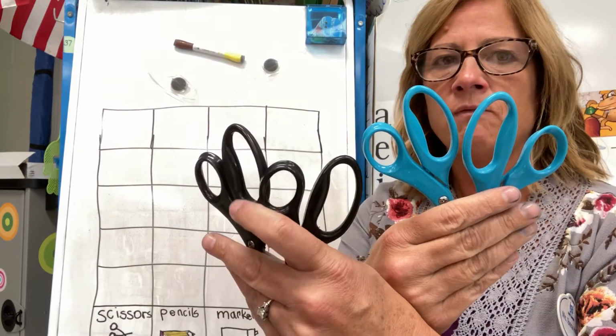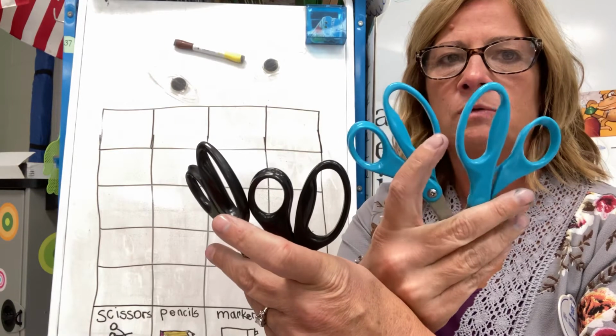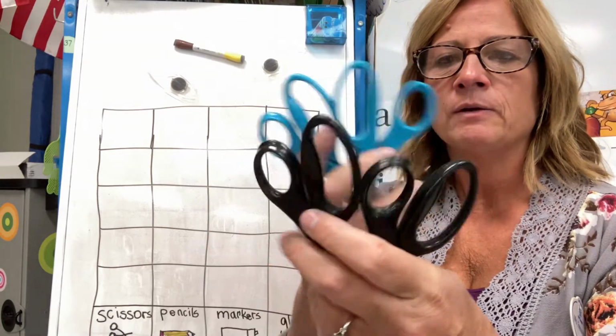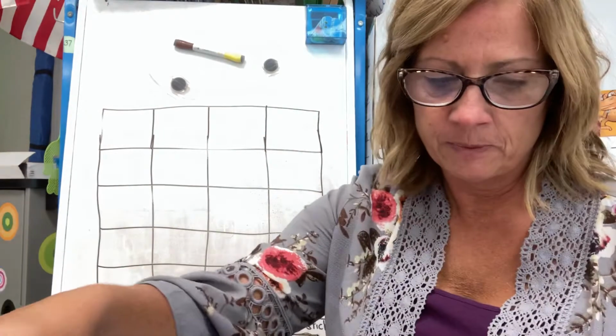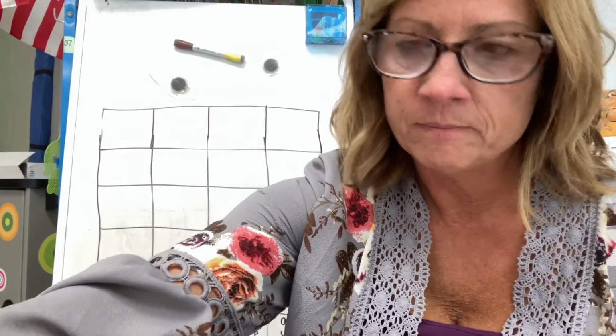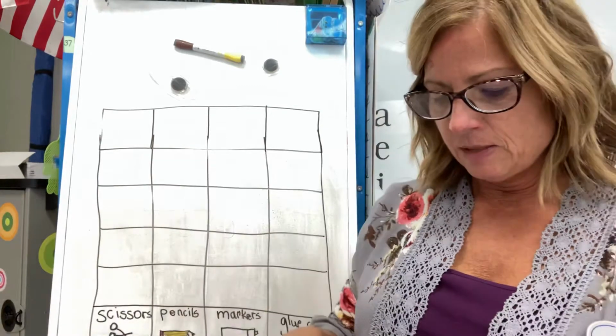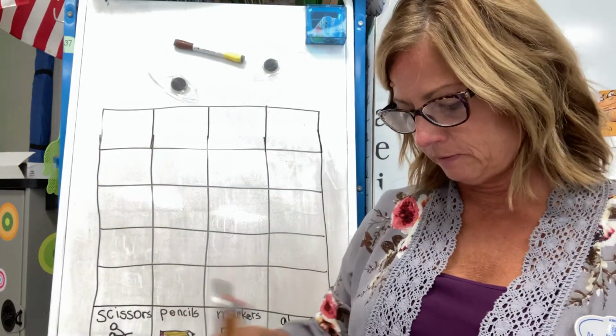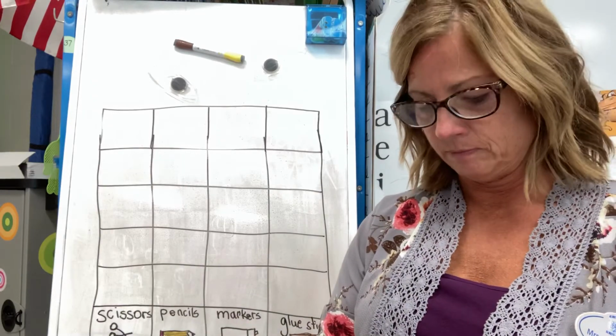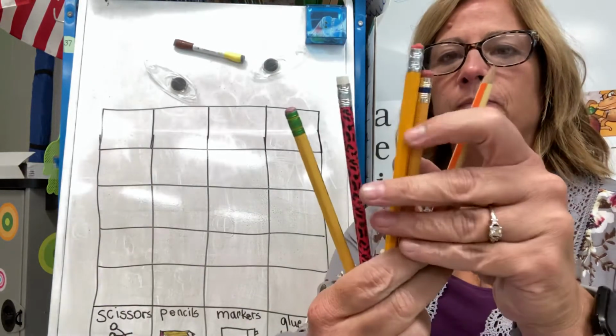So we have 1, 2, 3, 4. We have 4 pairs of scissors. Okay. And then let's count. I have some pencils in here, so let me grab the pencils out. Let's see.